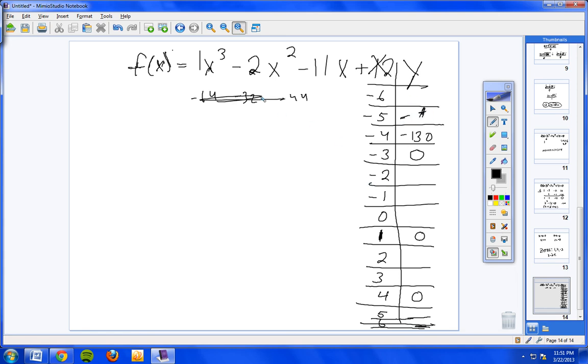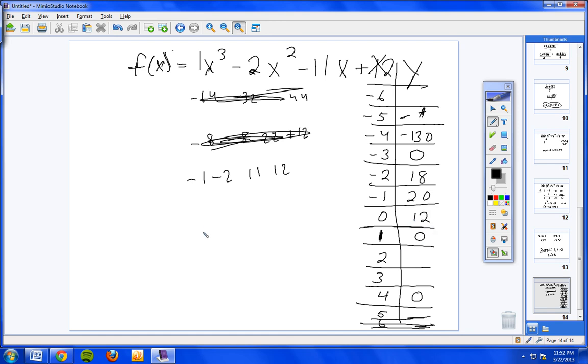Now negative 2 should give you out something like a negative 8, negative 8, a 22, and a 12, which would be a 34. You should get out about an 18 right here, I'm guessing, something like that. And then for negative 1, you get out a negative 1, a negative 2, a positive 11, a positive 12. That's 23, minus about a positive 20 approximately. 0 would give you out a 12.